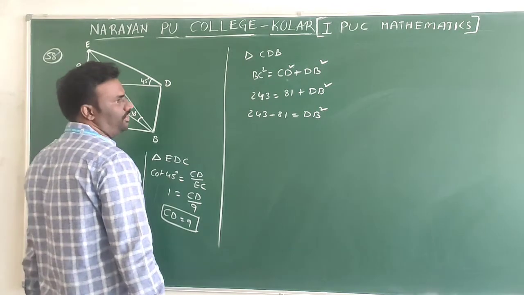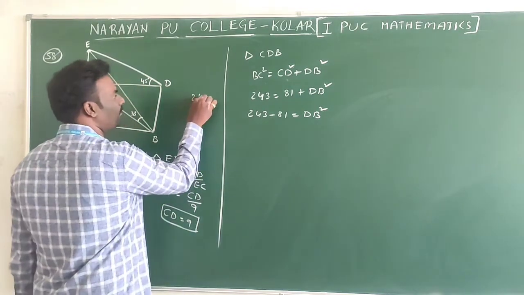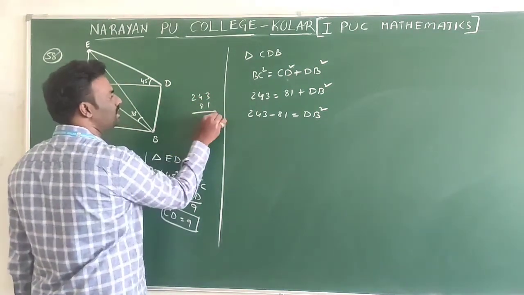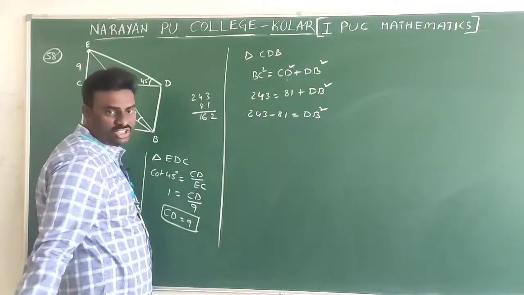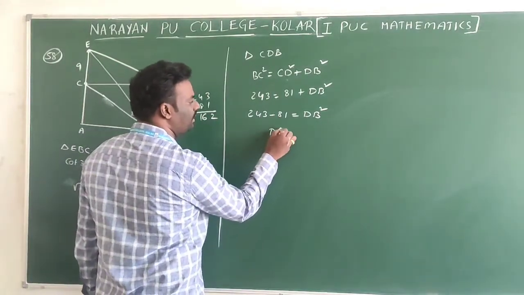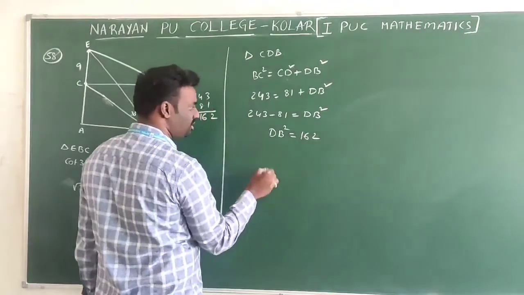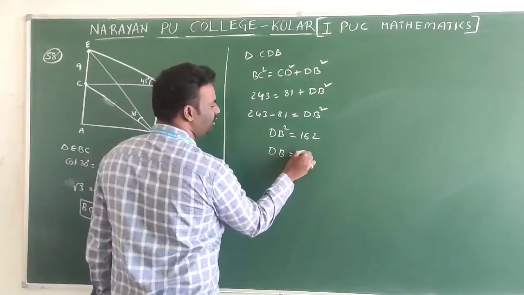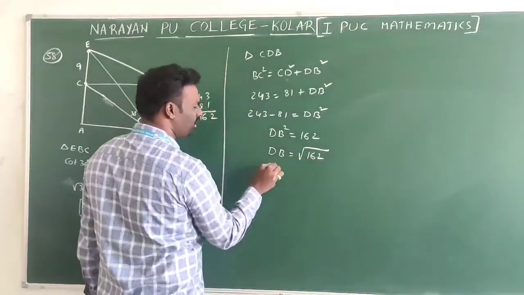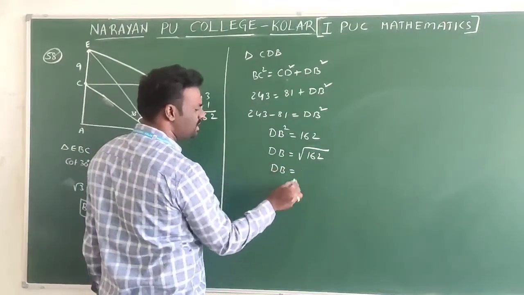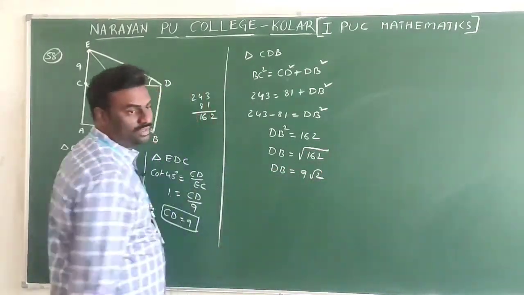So 243 minus 81 is 162. DB square is equal to 162, then DB is equal to under root of 162, that is nothing but 81 times 2, just 9 root 2 is DB.